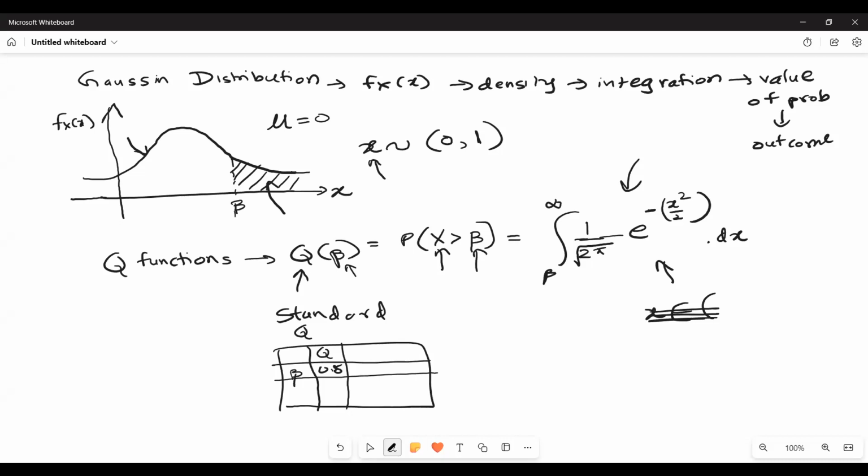Apart from that, there are additional things you can learn about this. You can go to maybe Wikipedia and learn more about the different situations of the Q function, right?